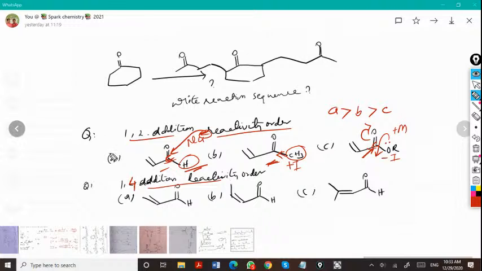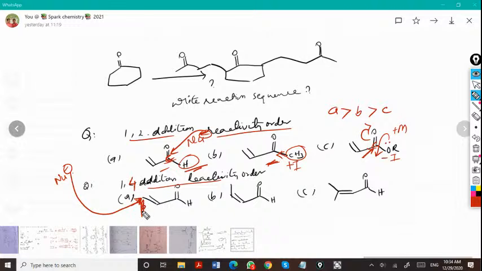So look at the mechanism once. If a nucleophile needs to attack the fourth position in 1,4 addition, what should be there at the beta position?